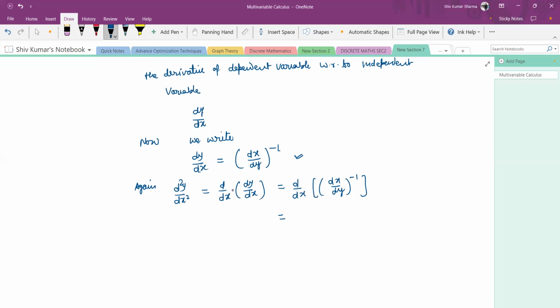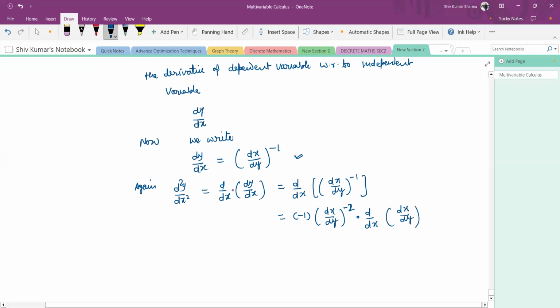So we cannot differentiate directly. So what will we do? First we differentiate this as (dx upon dy) raised to the power -2 into d upon dx of dx upon dy. So this we can write down as -1 (dx upon dy) raised to the power -2.